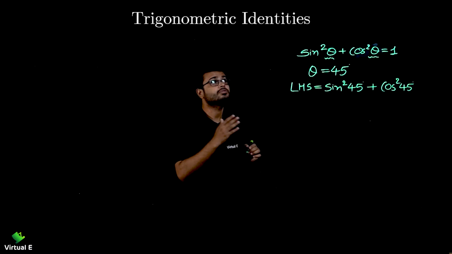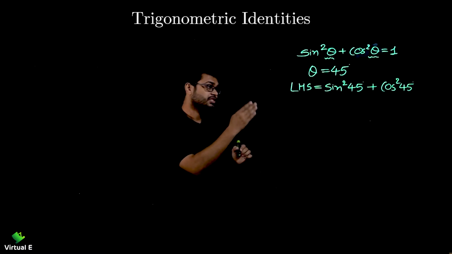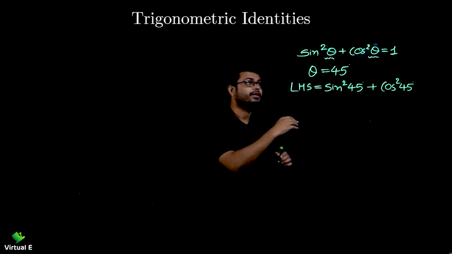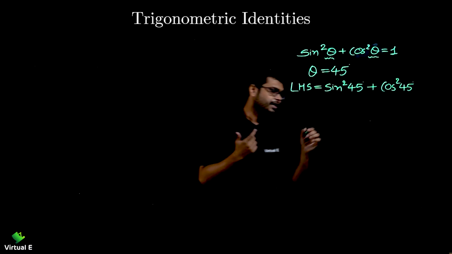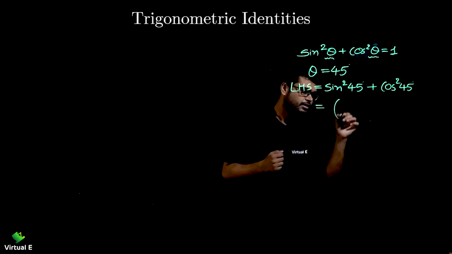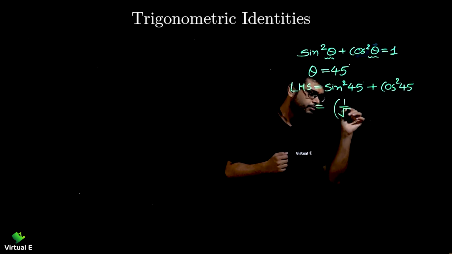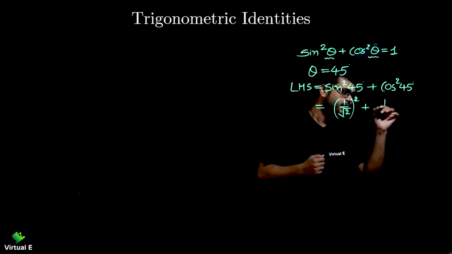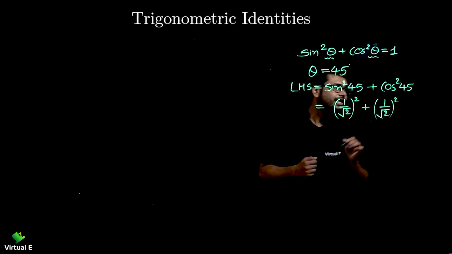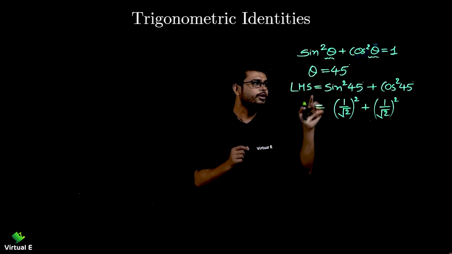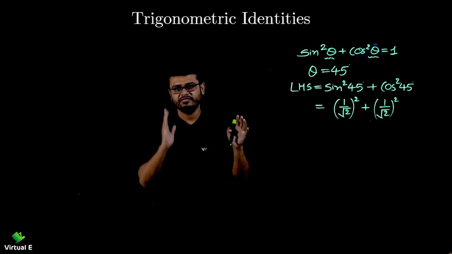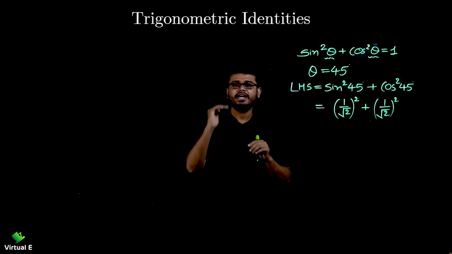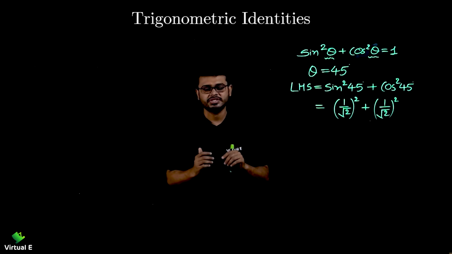Now I need two values, sine 45 and cos 45. Take help of the table: that is (1 by root 2) whole square plus (1 by root 2) here as well. Because at 45 degree angle, we get the same value of sine and cos if you observe in the table. Same for tan and cot, same for sec and cosec.